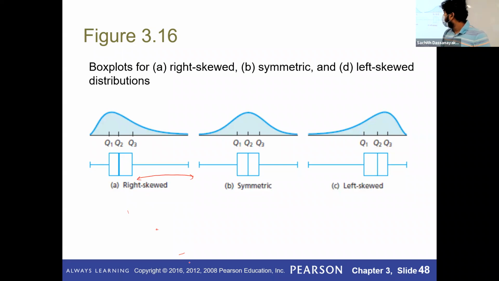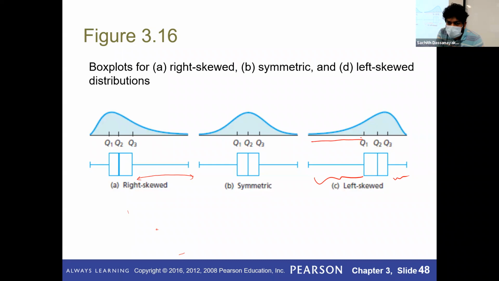I'm not talking about the Q1, Q2, Q3 gaps. I'm talking about the tails, the length of those tails. Okay. If the length of this tail is greater than the length of the other one, it is left skew, because the tail is something like this.